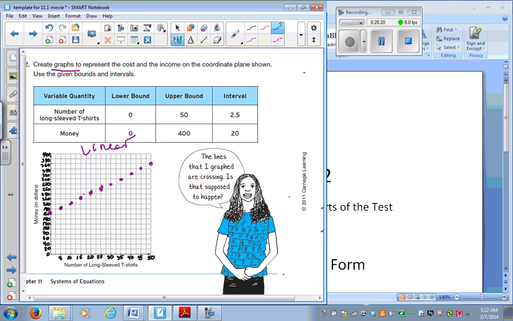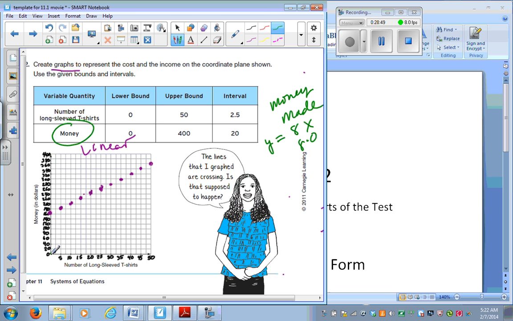I'm going to choose a different color now to represent the amount of money that I make. So if we're selling these t-shirts, remember the t-shirts are being sold for $8 a piece. So the amount of money we make is equal to 8 times the number of t-shirts. Well, if we sell no t-shirts, 8 times 0 would be 0.